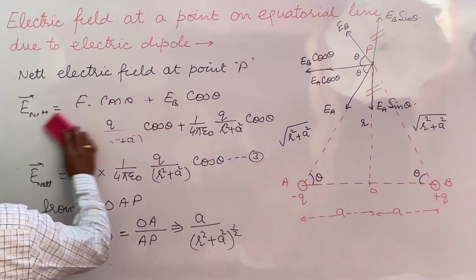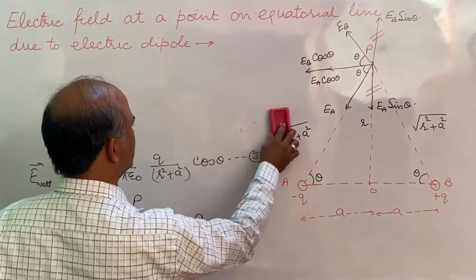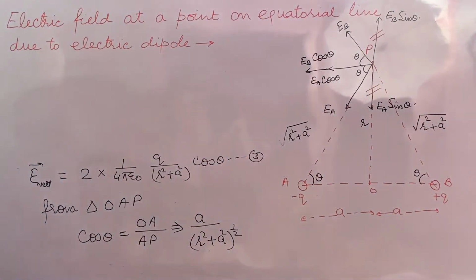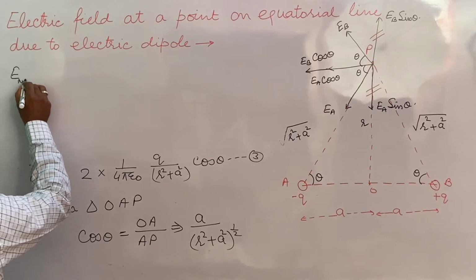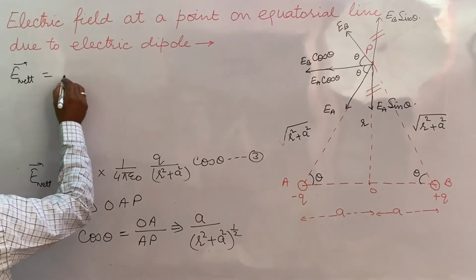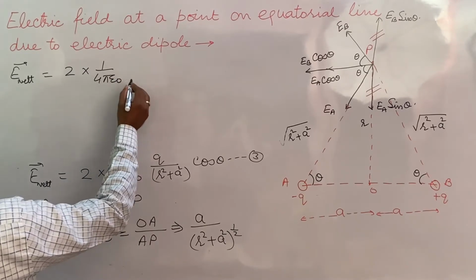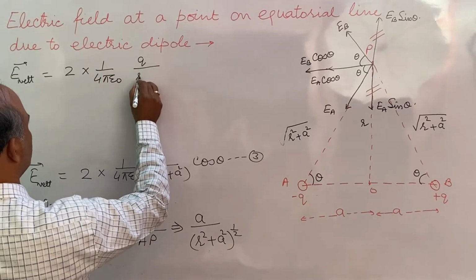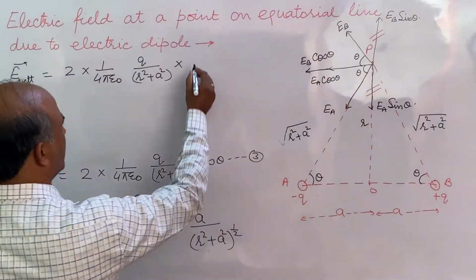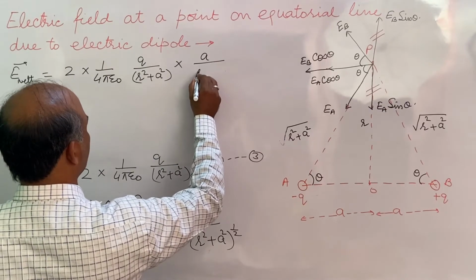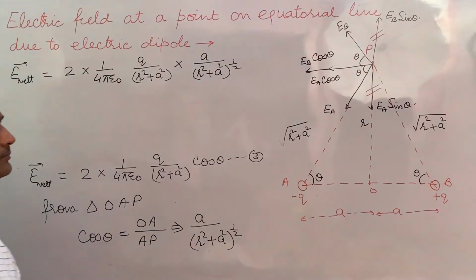So equation third becomes, on putting the value of cos theta, two into 1 upon 4 pi epsilon naught Q upon r square plus a square into a upon r square plus a square to the power 1/2.